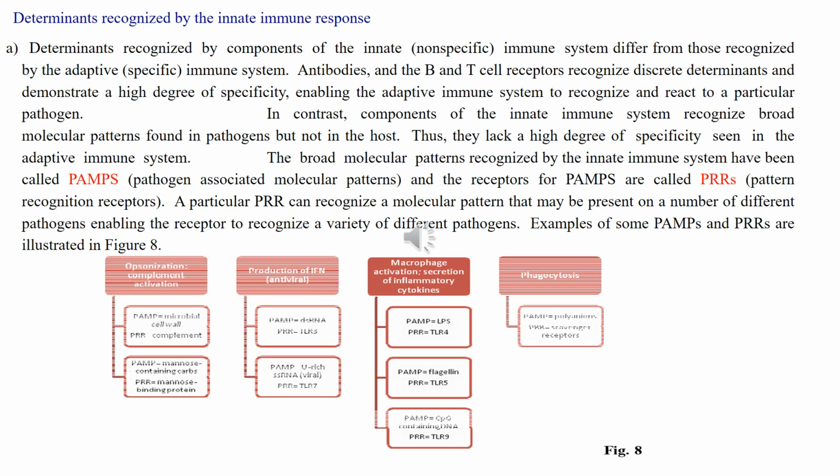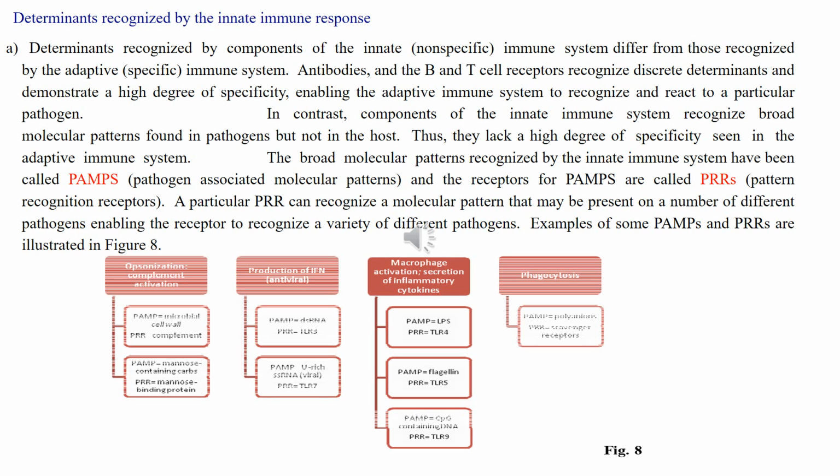A broad molecular pattern recognized by the innate immune system has been called a PAMP, pathogen-associated molecular pattern, and the receptors for PAMPs are called PRRs, pattern recognition receptors.